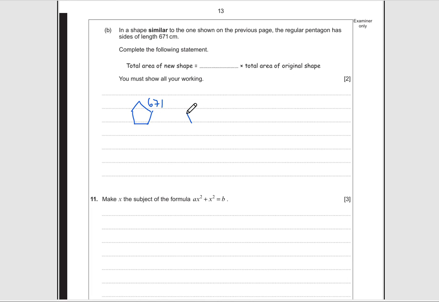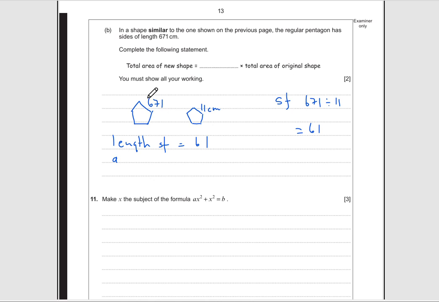Our original shape over the page had sides of 11 centimetres. So let's work out what the scale factor is. Let's take 671 divided by 11, which is going to be equal to 61. So my length scale factor is 61.